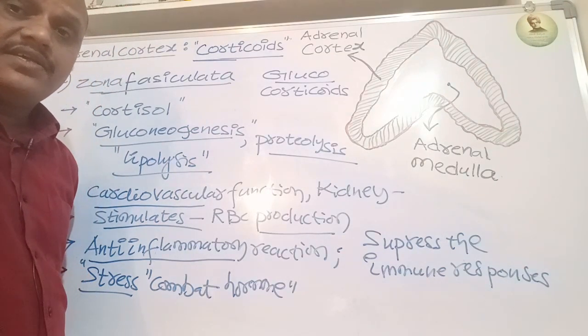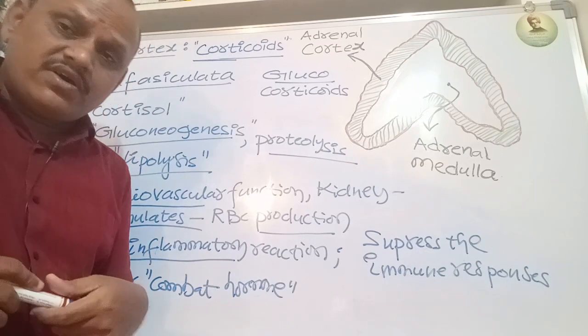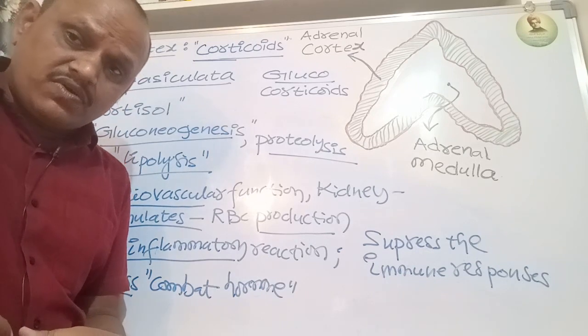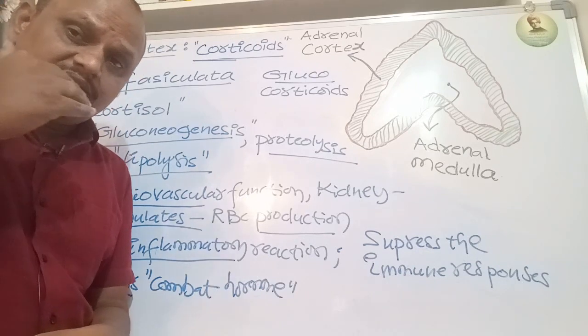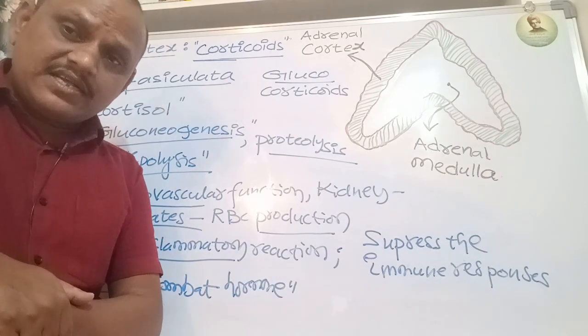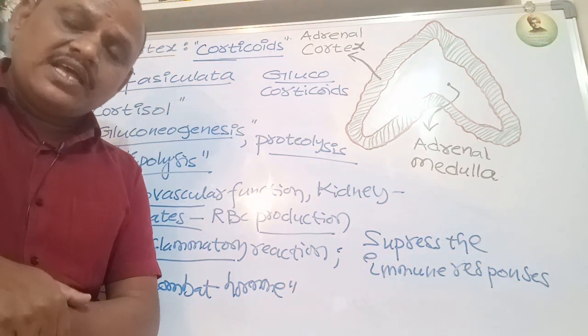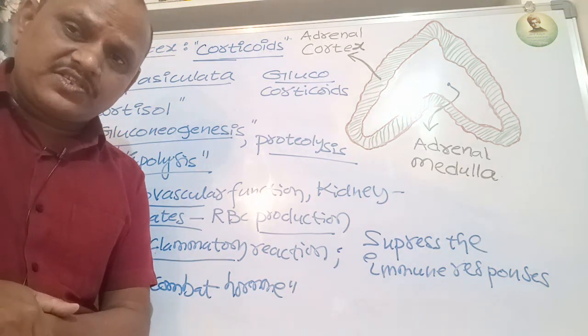The third zone is known as the zona reticularis, and it secretes hormones known as sex corticoids.